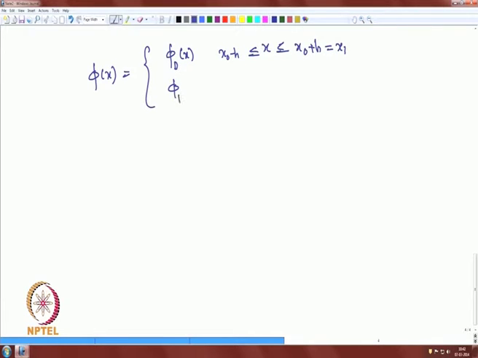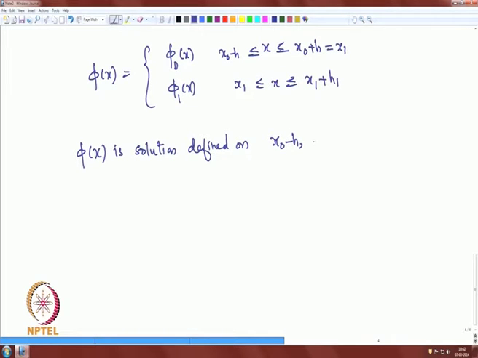And the second solution is phi 1 x, which is defined for x1 less than or equal to x less than or equal to x1 plus some h1. Now, this combined solution phi is a solution defined on the interval x0 minus h to x1 plus h.